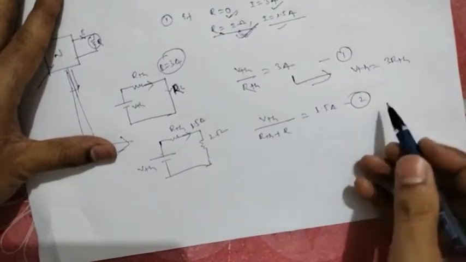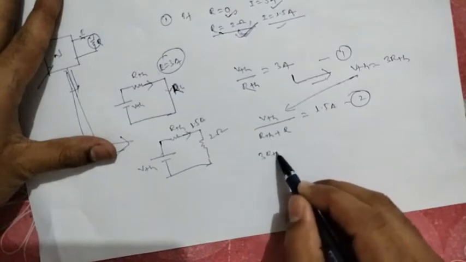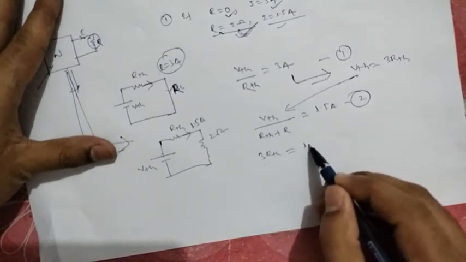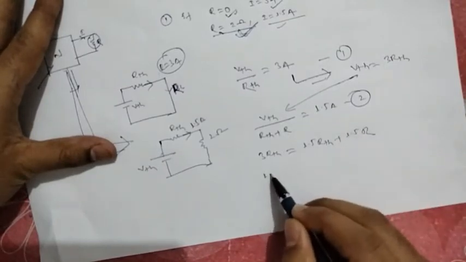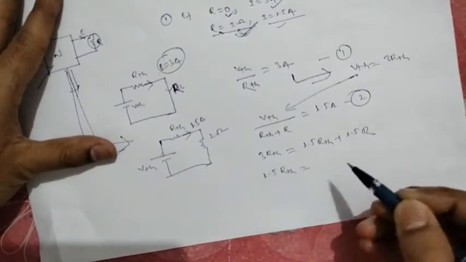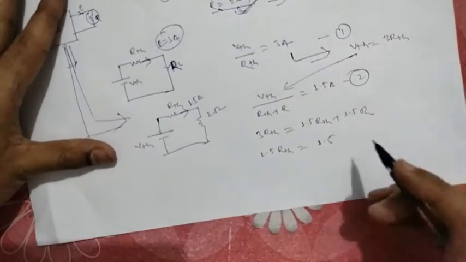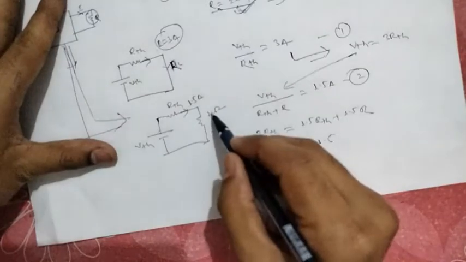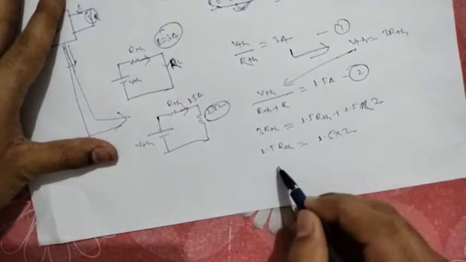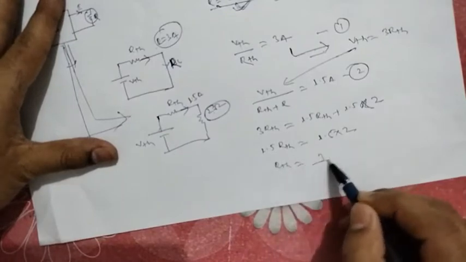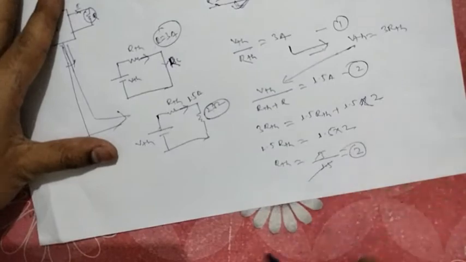Now replace this here. If I replace this here, then 3 RThevenin is equal to 1.5 RThevenin plus 1.5 R. This is nothing but 1.5 RThevenin is equal to 1.5 R, and what is this R? It is 2. So 1.5 into 2, and then RThevenin we got is 3 by 1.5, which is 2 ohm.